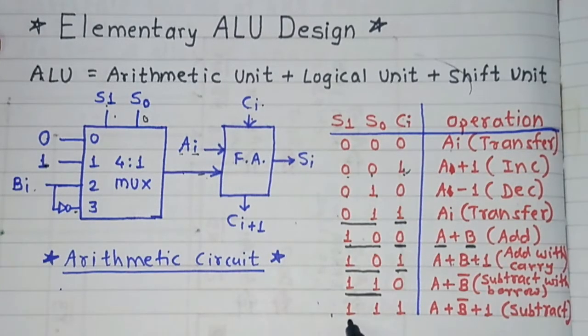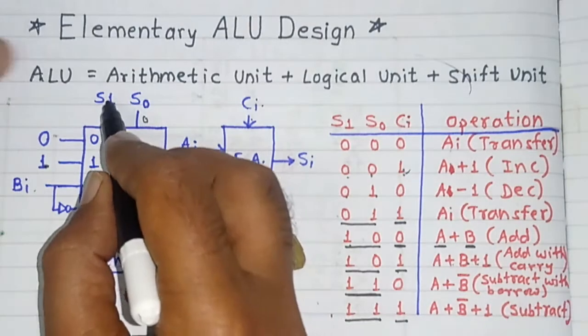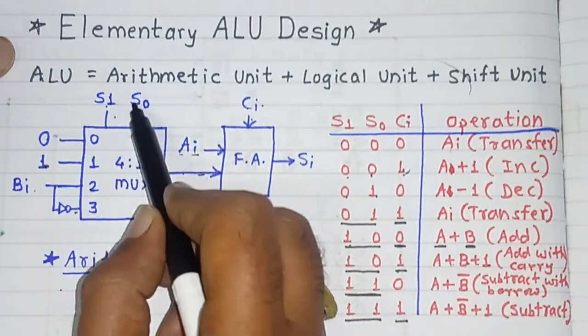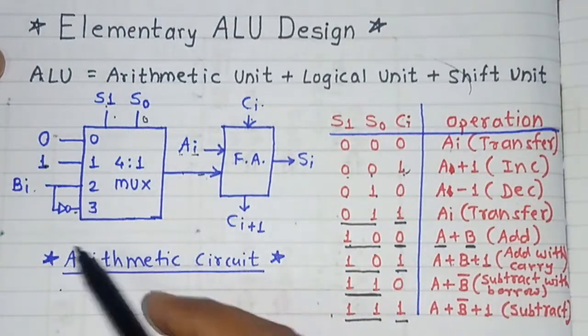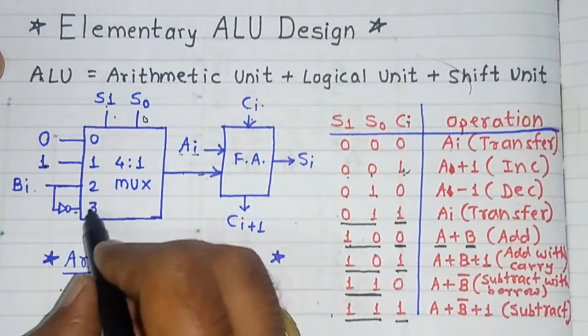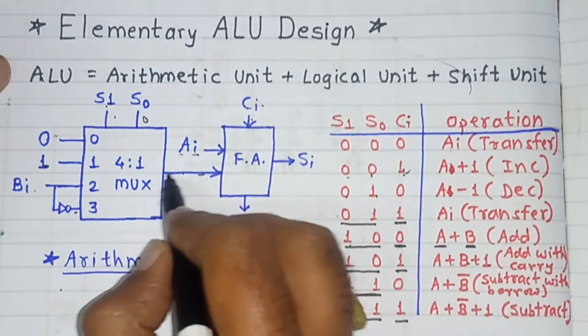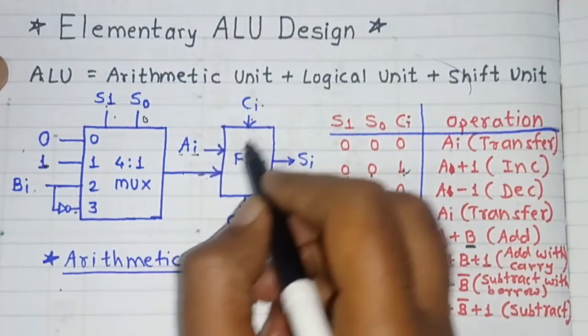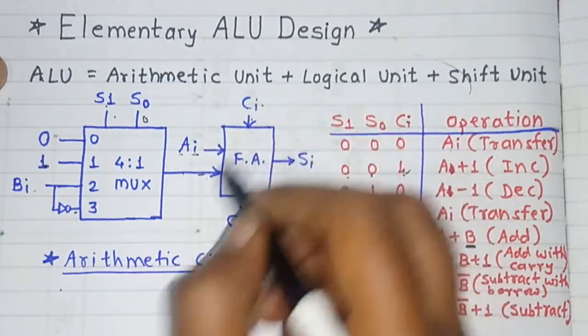Now if you want to perform the normal subtraction, then how can it be done? Again the select combination is 1 1 and ci is made 1. So 1 1 is given at the S1 and S0 select lines. Again the complement of bi will be transferred at the output of the multiplexer, and it will be added with ai along with ci equal to 1.